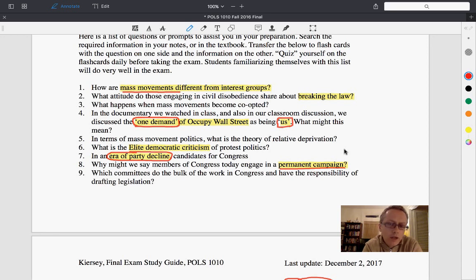In an era of party decline, candidates can be more diverse in their thinking. We discussed this on the day, if you remember, and we said that one of the real changes in the way political parties are run in this country is that once upon a time you'd have liberals and conservatives in the Republican Party and liberals and conservatives in the Democratic Party.